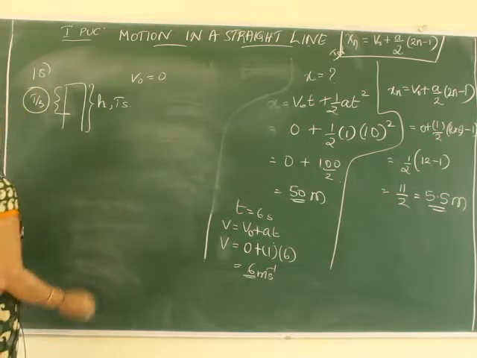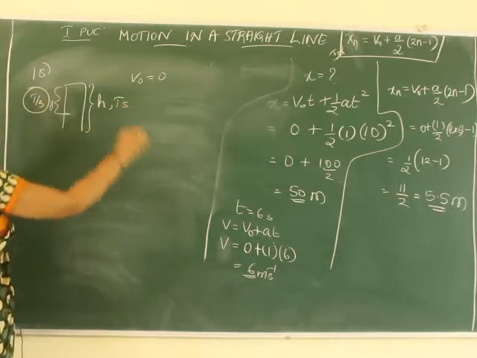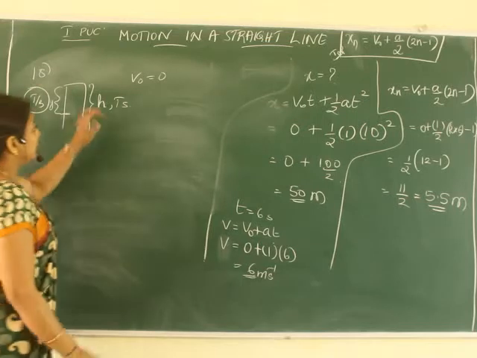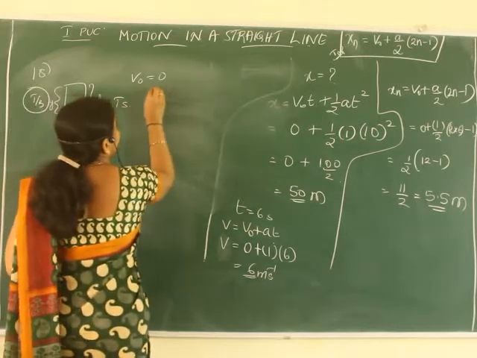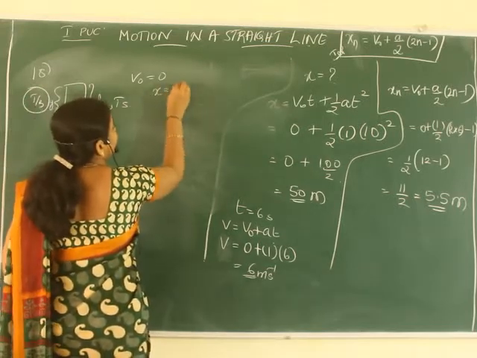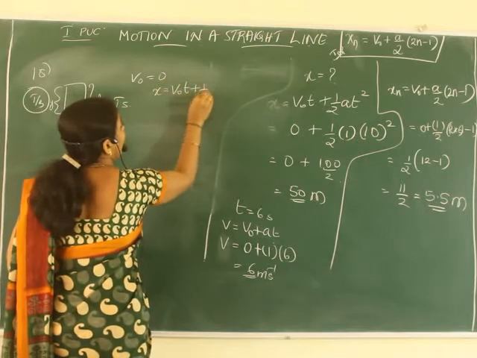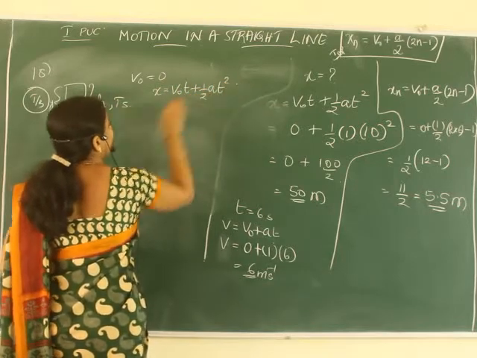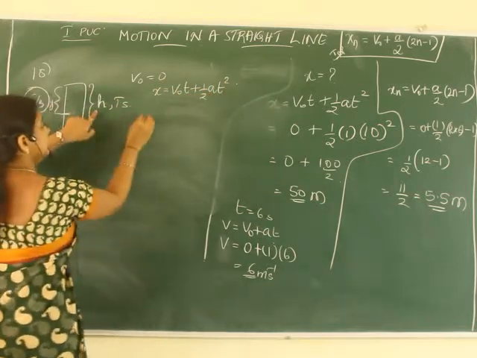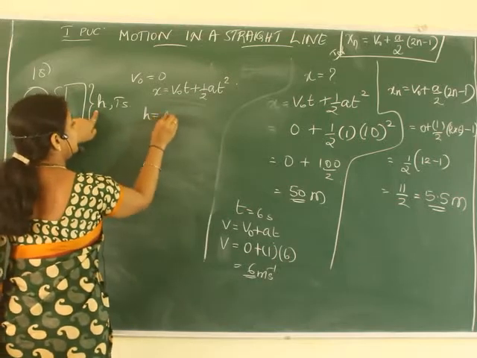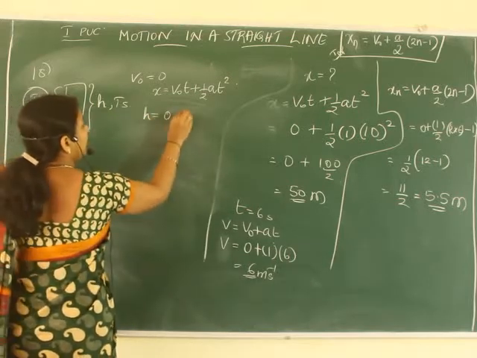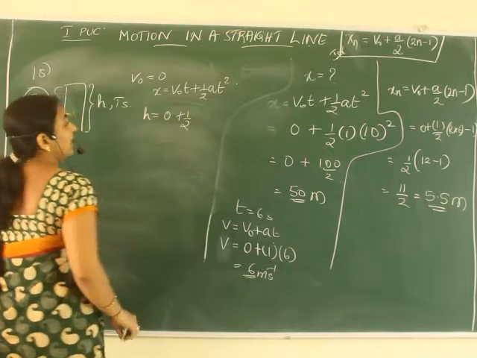Let that height be y. Initially, x is equal to v naught t plus half at square. Height is h, initial velocity is 0, plus half acceleration.